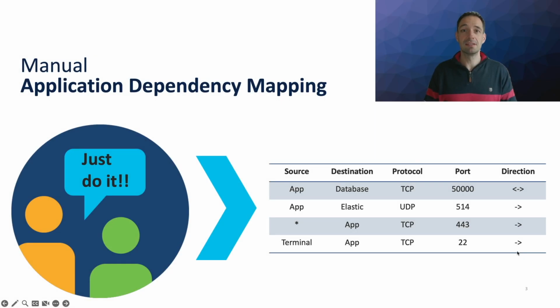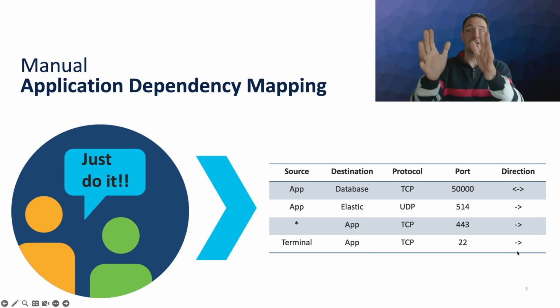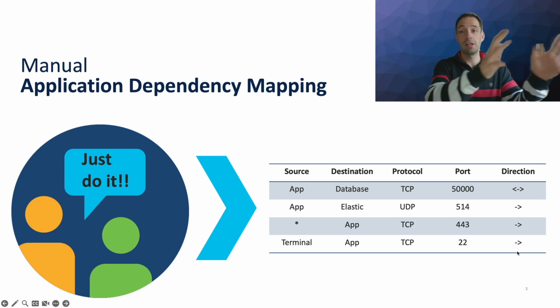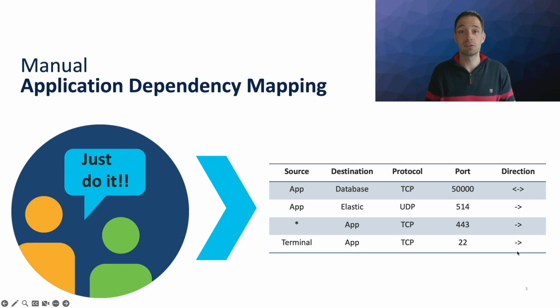In order to get this level of visibility, you must have an application dependency map. You can collect this map manually, and typically consultants run around, ask people what is needed for the application to work, and they write an Excel table with the typical structure of a source, a destination, a protocol and a port, and most likely a description why this communication is important.